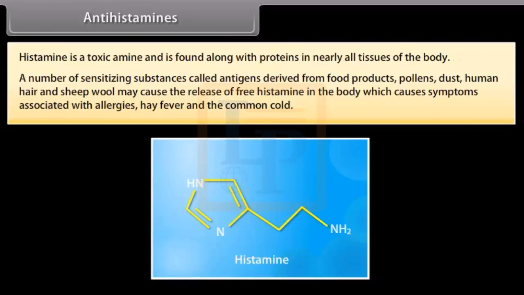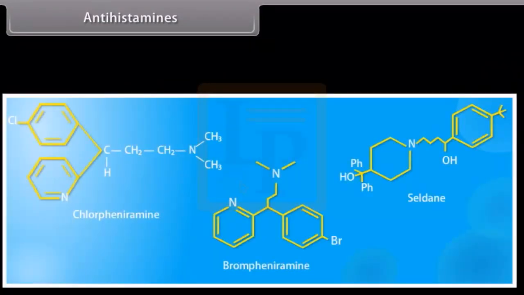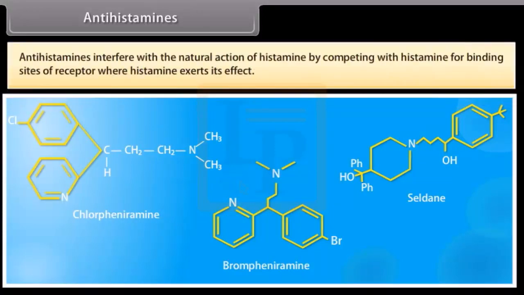An antihistamine relieves these symptoms by blocking the action of histamine. For example, chlorpheniramine, brompheniramine and Seldane. Antihistamines interfere with the natural action of histamine by competing with histamine for binding sites of receptor where histamine exerts its effect.